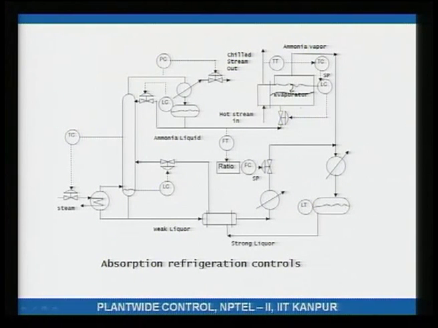Now, what does this ratio controller do? Well, if the amount of flow here is decreasing, that would mean the amount of heat being transferred is decreasing, because the level is now lower. Since the amount of heat being transferred is decreasing, less ammonia vapor will get formed, less vaporization will occur.